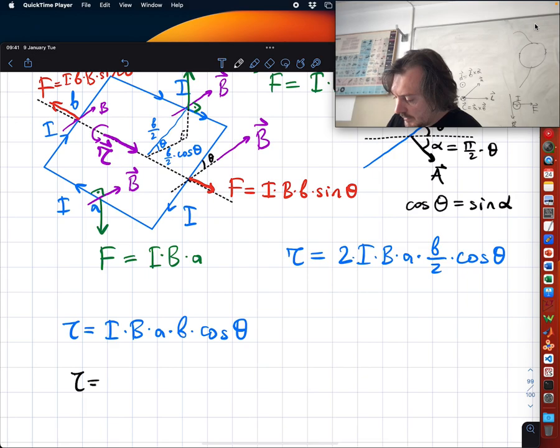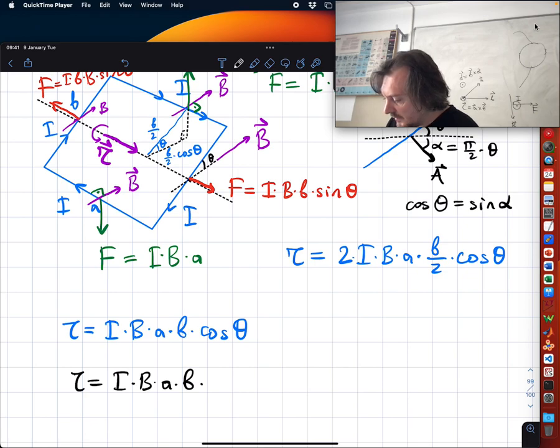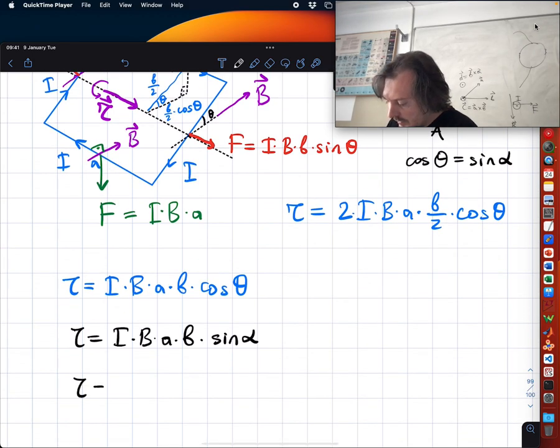Tau is I B A times b times sine alpha. So let me rearrange stuff here. Tau is b times a times b times sine alpha.